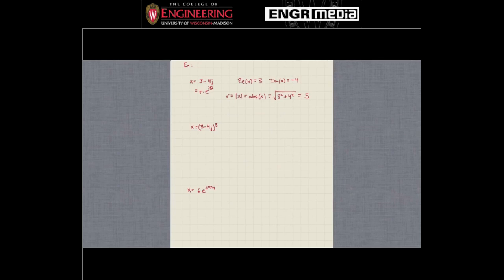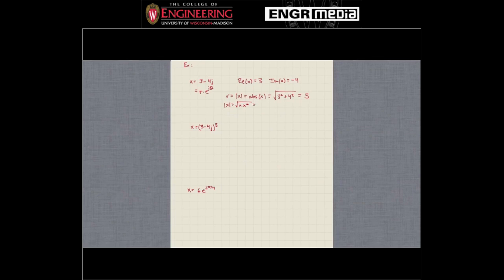Okay. So more generally, if I don't have the complex number written in this nice alpha plus j beta form, the absolute value of x is equal to the square root of x times x conjugate. Where conjugate means all I do is take any place that there's a j and replace it with a minus j.